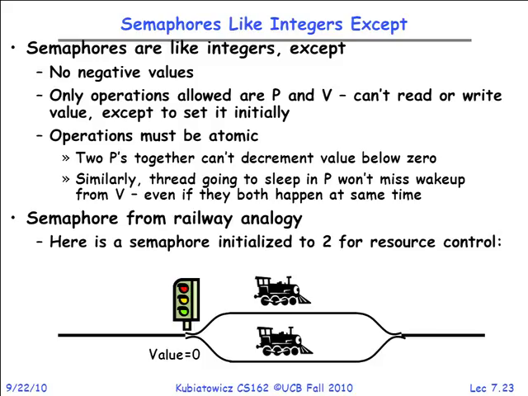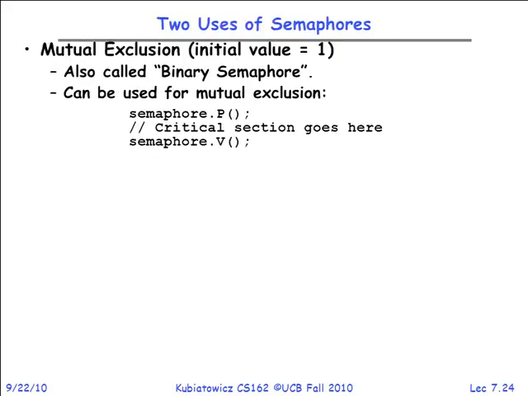Two uses of semaphores. One, if we set it to 1, which is also called a binary semaphore, suddenly we've got a lock. If we set the initial value to 1, semaphore.P is an acquire, and semaphore.V is release. Why is that? Because when the first one acquires the lock, the value goes to 0.